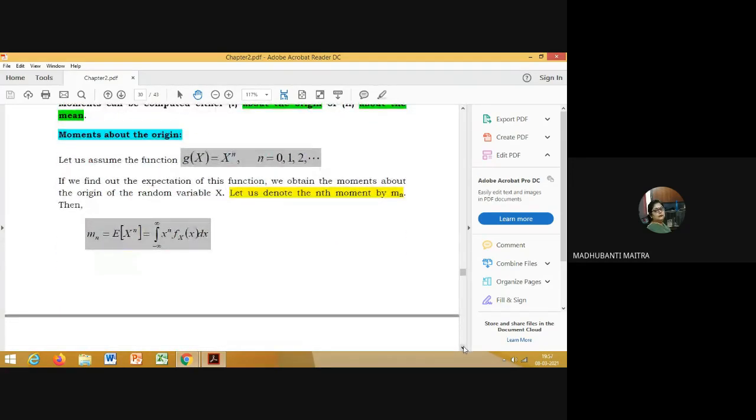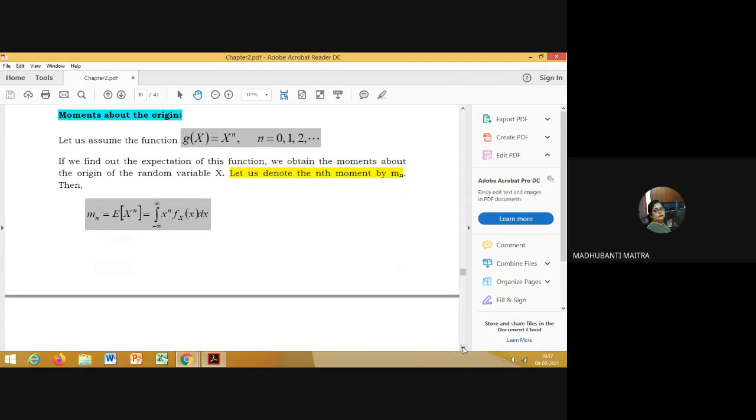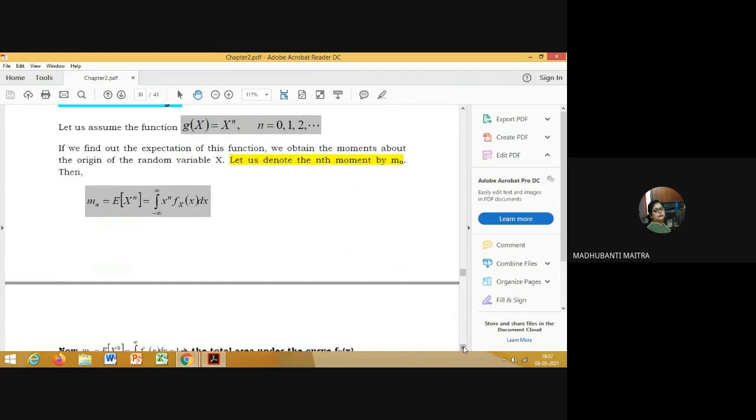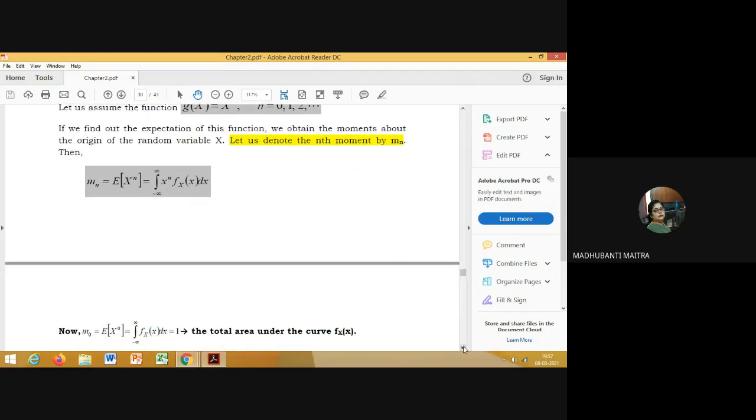So this is the nth moment about the origin. Let's try to find out first the 0th moment about the origin. For that the value of n will be equal to 0, right? Yes, ma'am. So m0 will be equal to the integration from minus infinity to infinity of f(x) dx. What will be the value of m0?